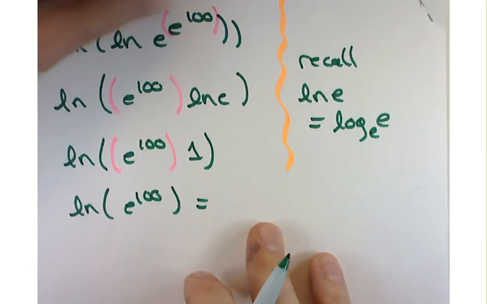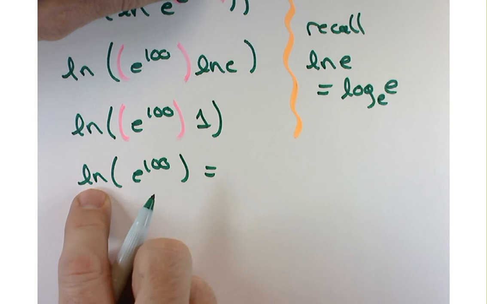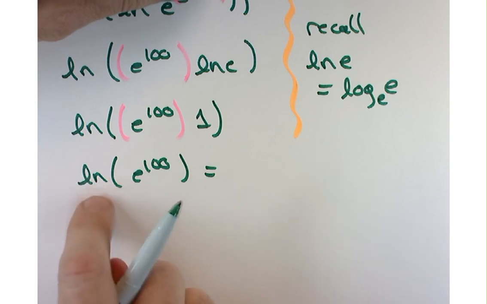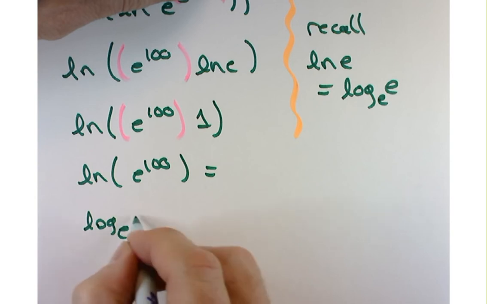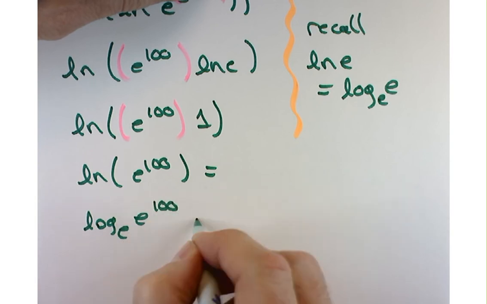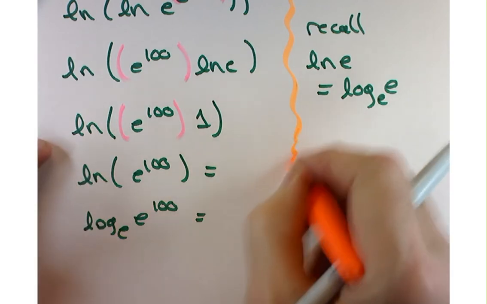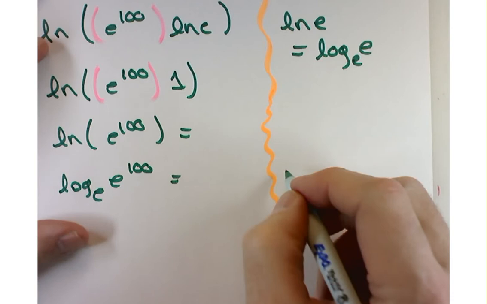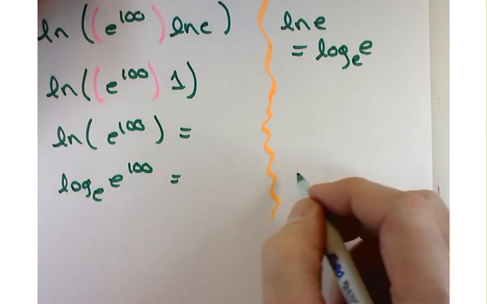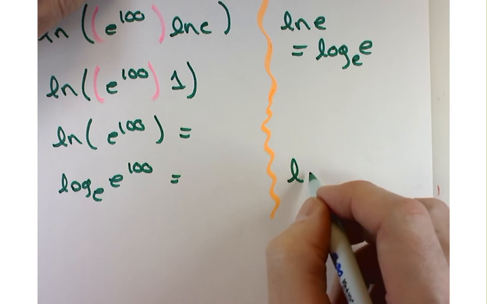Now, let me rewrite this one last time. Remind me, ln, what does it stand for? Log of what base? So it's log base e of e to the 100. Well, let's remind ourselves of one other thing here. This is one of your inverse properties of logs. I've got the whole list of log properties in a little file on D2L.